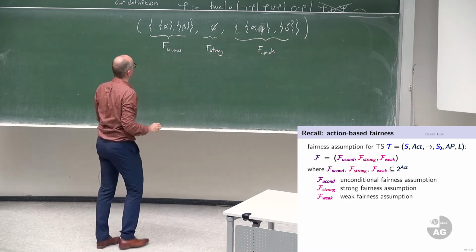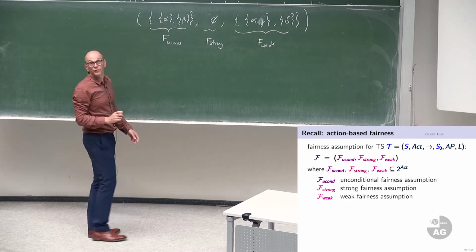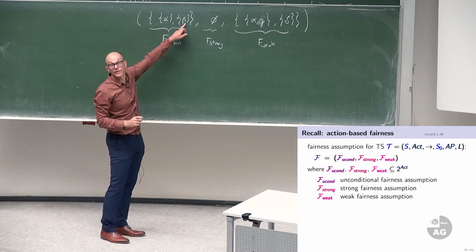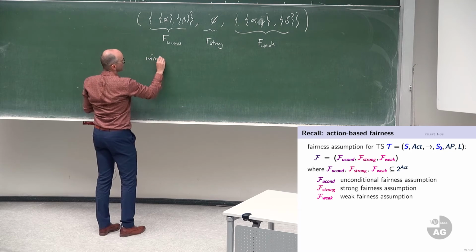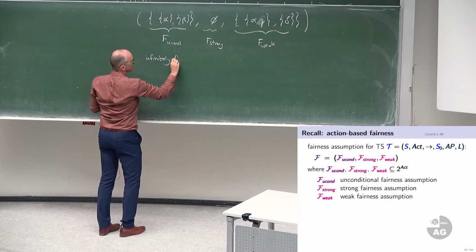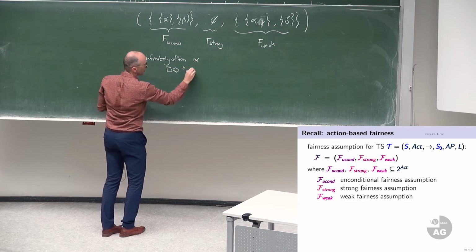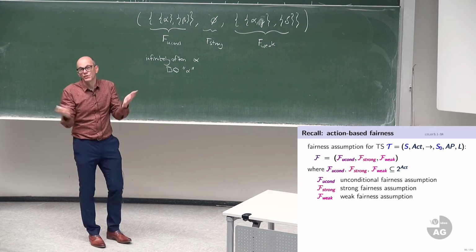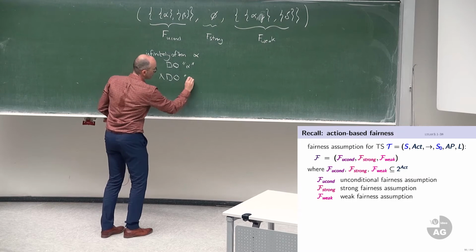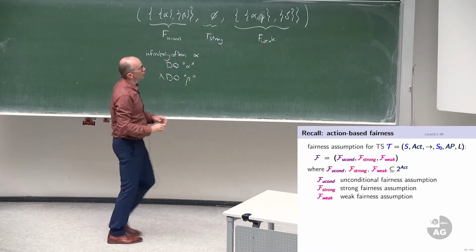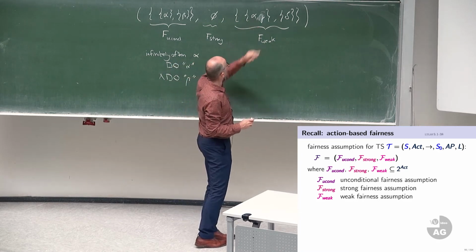Then what does this mean? From the unconditional fairness it says every run needs to visit alpha infinitely often, and it needs to visit beta infinitely often. I write it down like this: infinitely often alpha. Alpha is not an atomic proposition, so I put it in quotes. Plus, you have infinitely often beta in this case. What we were doing in the weak was saying, you have to be weak with respect to alpha, gamma.